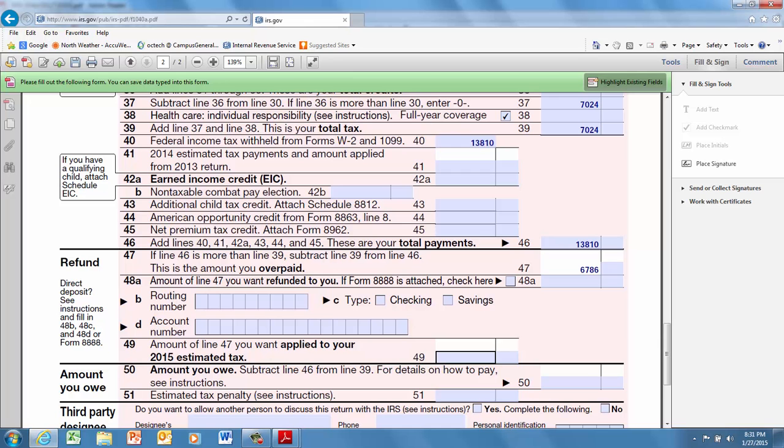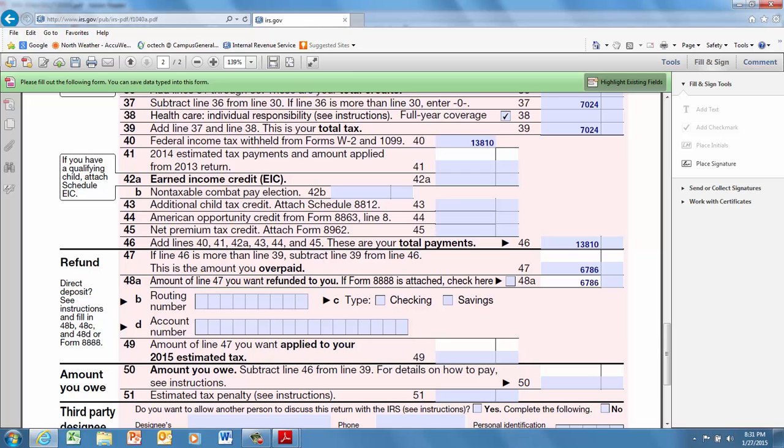You would want to apply it to your next year's estimated tax. However, the Chandlers are not self-employed. They don't have to worry about estimated tax, and so they, of course, want all of their overpayment as a refund. Okay, so we need to put that down here.